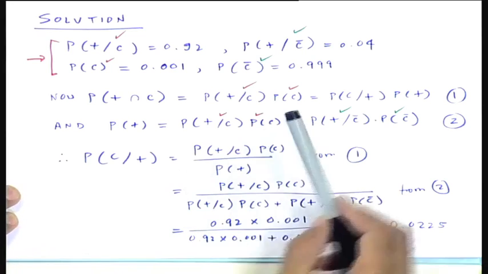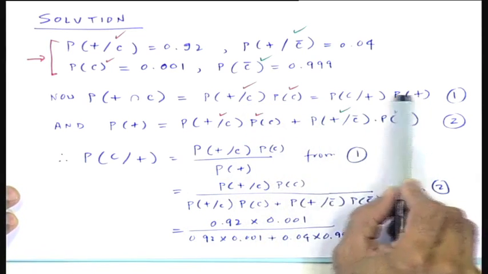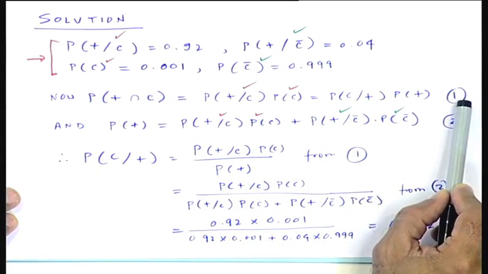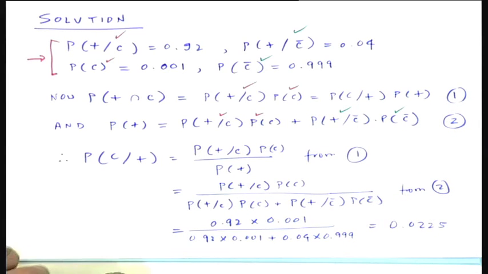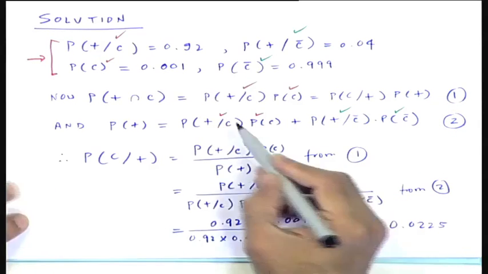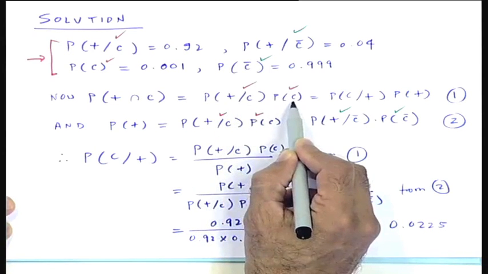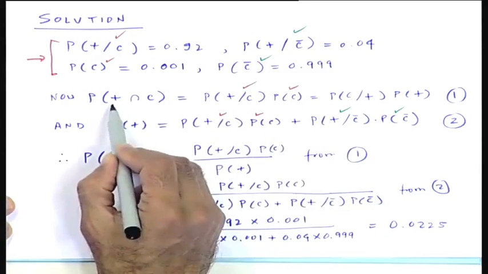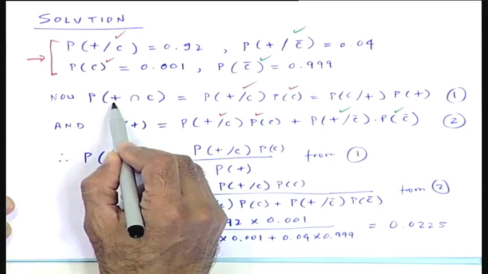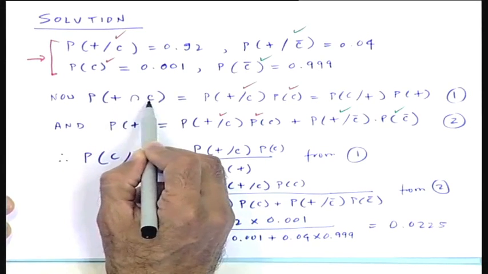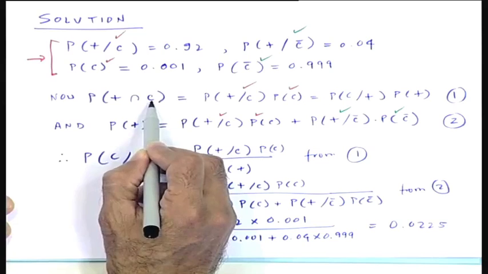Now look at this statement 1. Statement 1 says the probability that the test is positive given that the person has cancer, multiplied by this, is the same as the probability of the test being positive and the person having cancer.